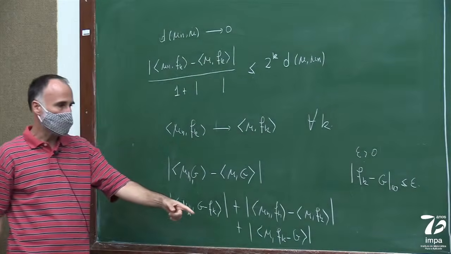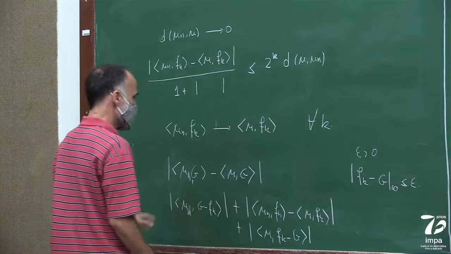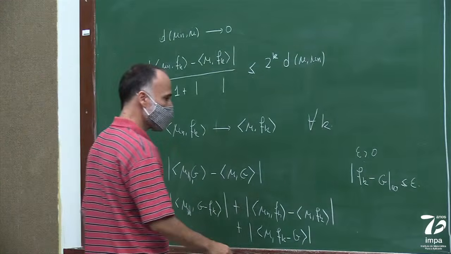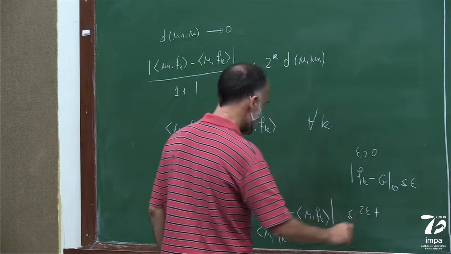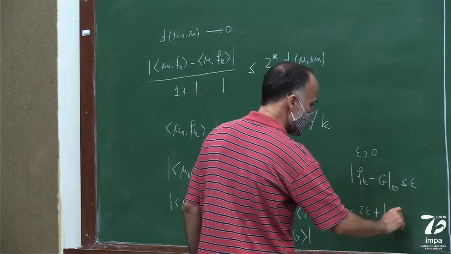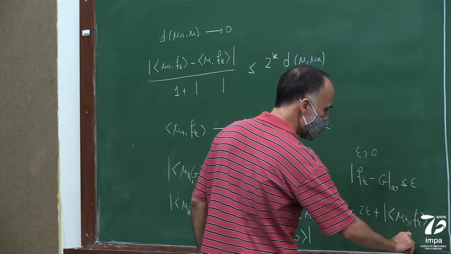So the first and the last terms are bounded by epsilon, which means that this difference is less or equal than 2 epsilon plus mu_n f_k minus mu f_k.